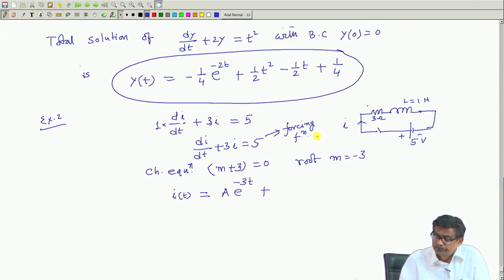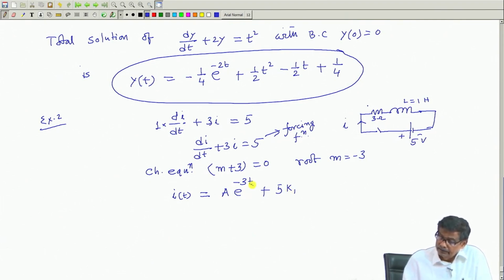Higher order derivatives will be 0, because it is constant number 5, d5/dt is 0, d2 5/dt2 is 0. So, only one term will remain here and that will be proportional to 5, that is 5 into k1.